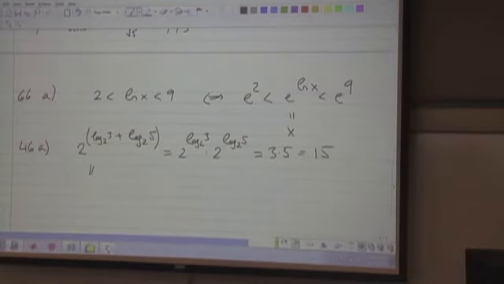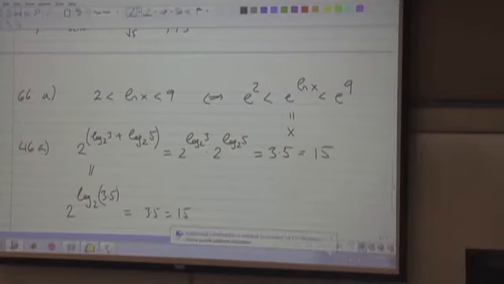Alternately, you can come down here and say this is the same thing as 2 to the log base 2 of 3 times 5, which gives you 3 times 5, which gives you 15. Basically, we have 2 choices of how to handle it. Is this making sense? Part B, you said?